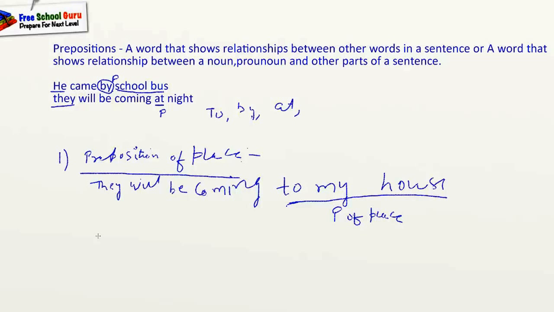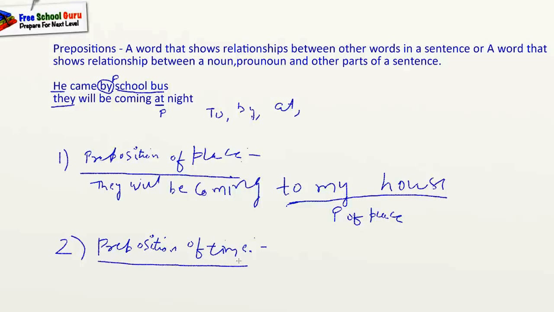Okay. So now let's look at the second type of preposition. The second type of preposition is called preposition of time.